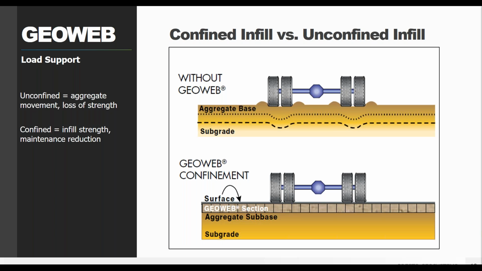And so that's why you'd want to use the GeoWeb solution. It's going to help hold that aggregate in place so it can't move, it's not going to rut, but then also allows the full strength of that aggregate to be able to support the loads, so you can have a potentially thinner cross section while still supporting higher loads.